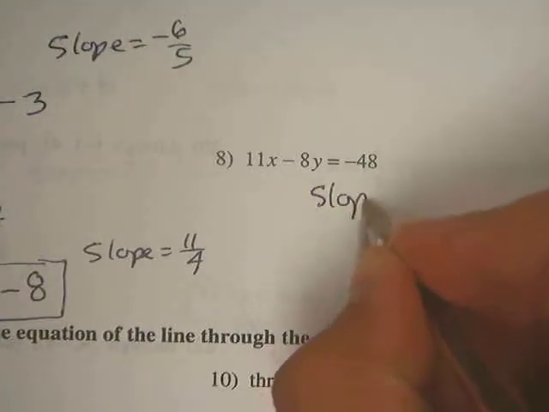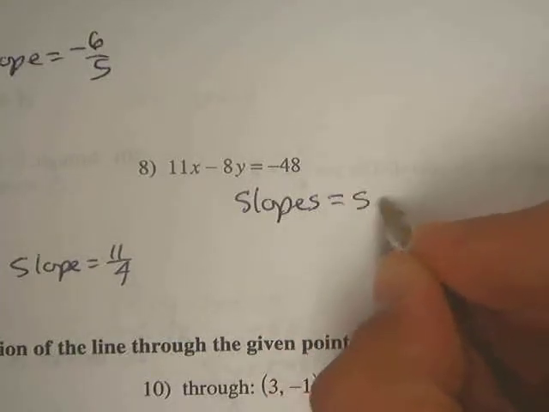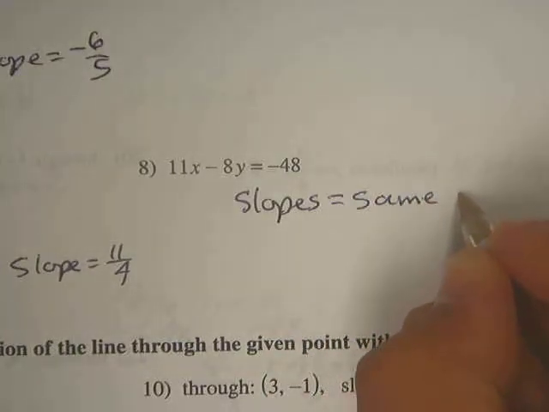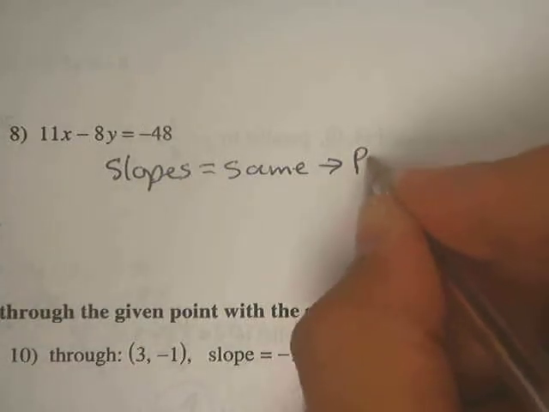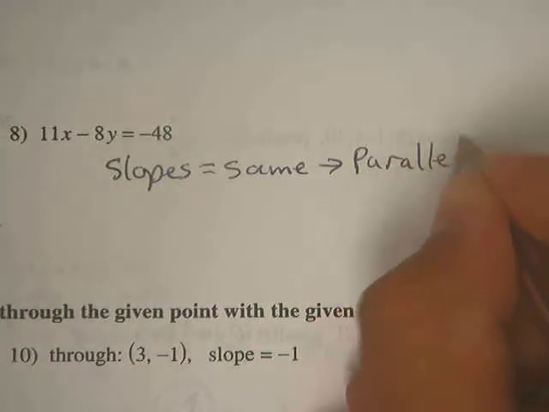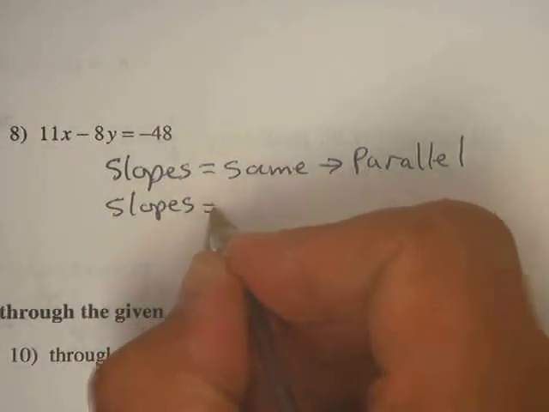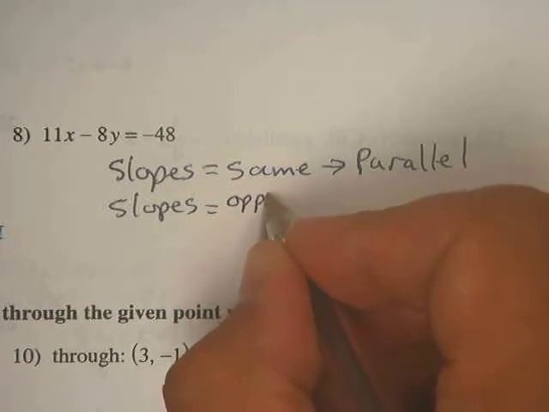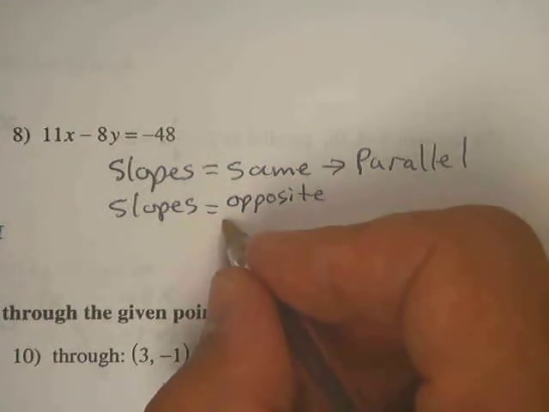All right, now the big question is, why did we just do all these problems? Why was it important? Well, here's why. Remember, if the slopes of two equations are the same, then the lines must be what? That's right, parallel.